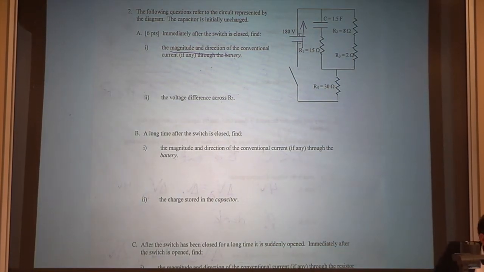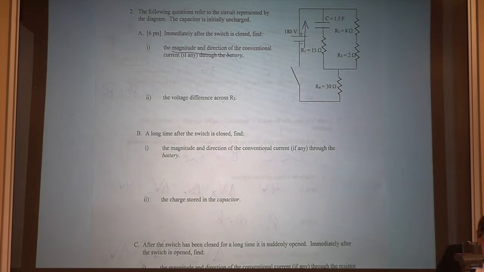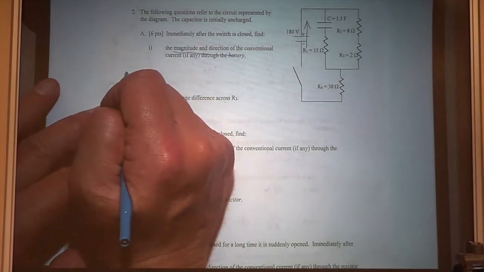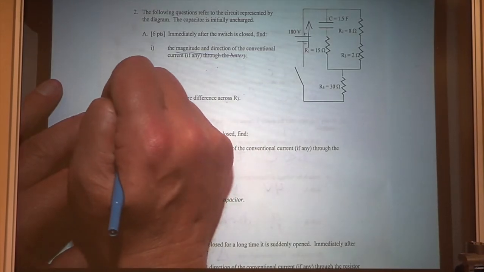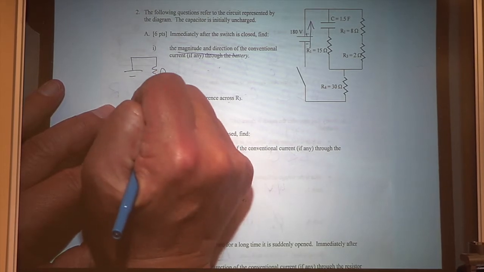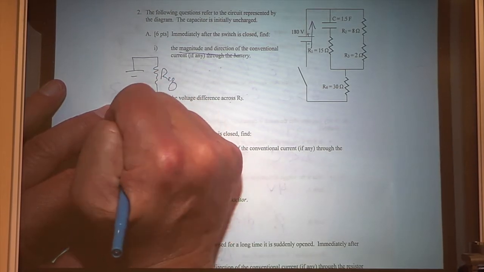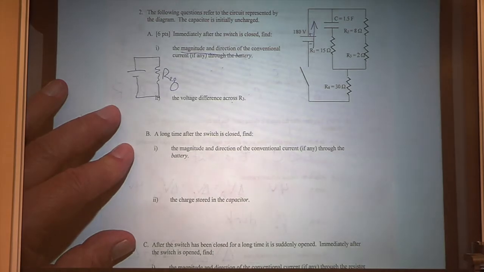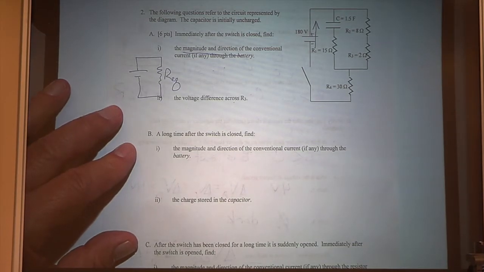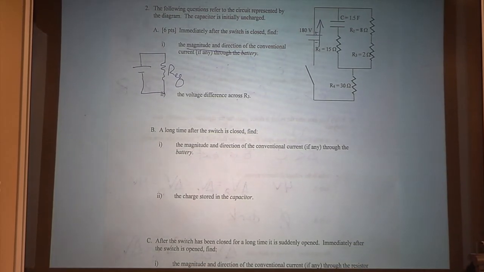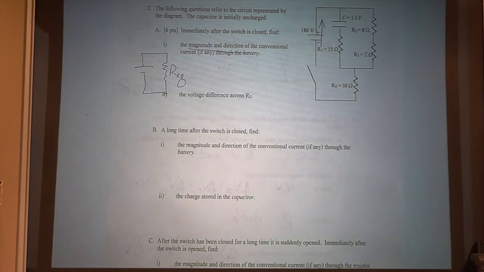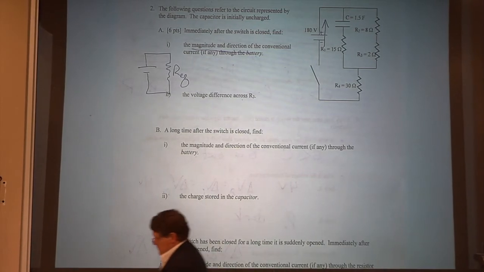But what about the magnitude? Well, in order to find the magnitude, I need to find the equivalent resistance, the one resistor that would replace that mess.